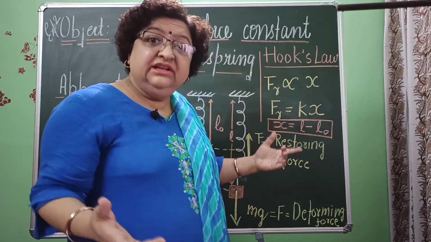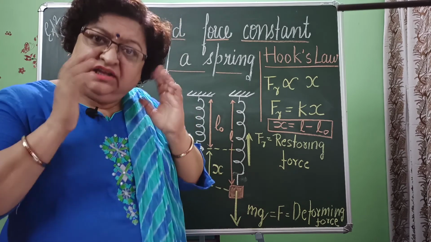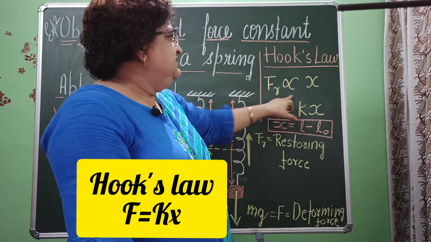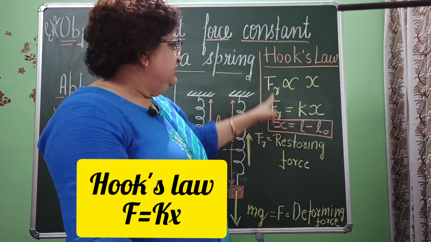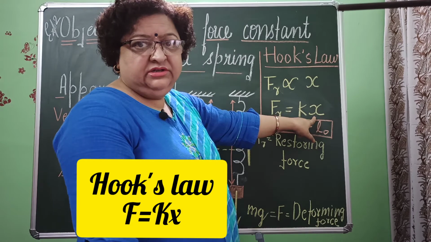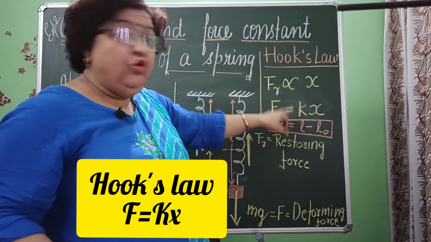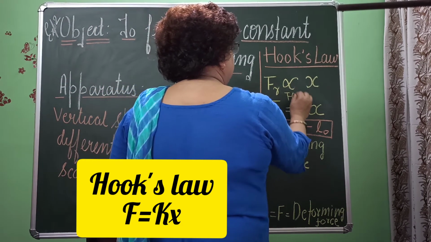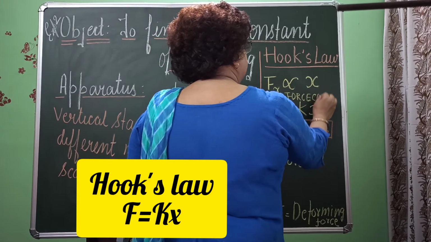And more is the elongation, more will be the restoring force. So when you replace this proportionality sign, you have to put a constant here. So restoring force will become a constant times elongation. This constant is known as force constant or spring constant.